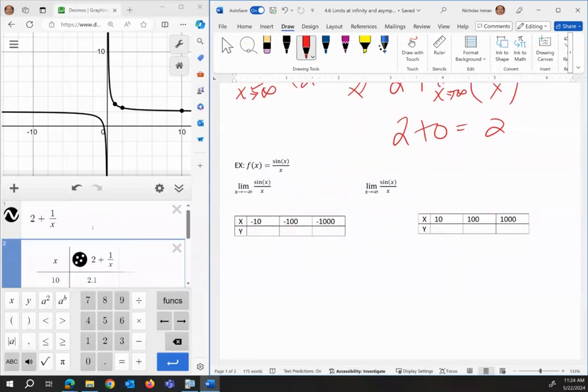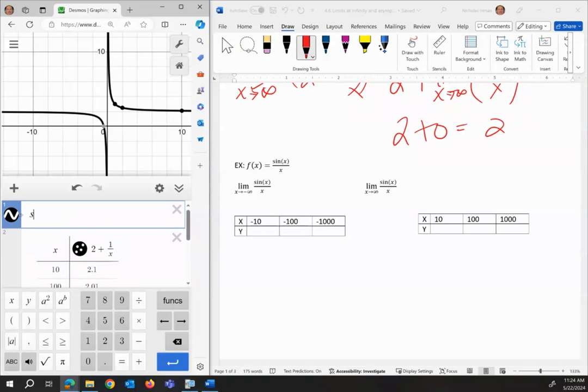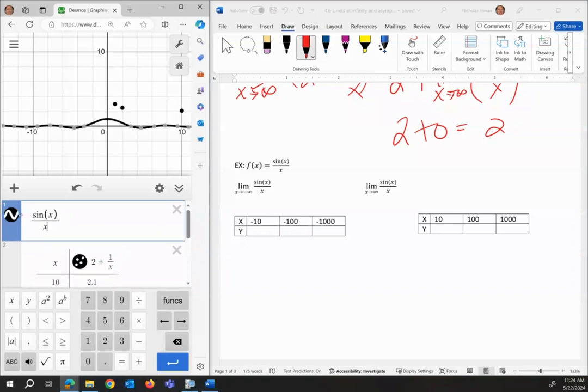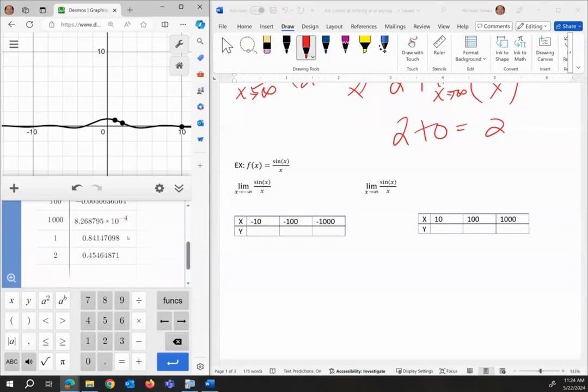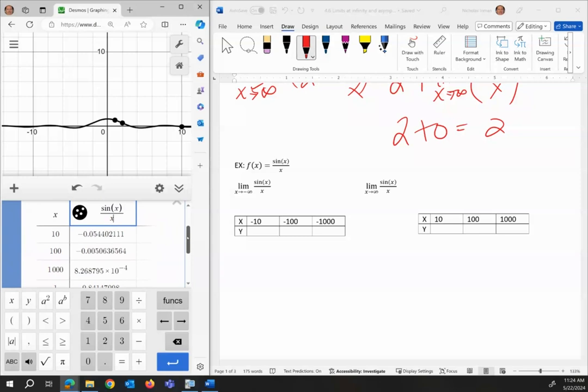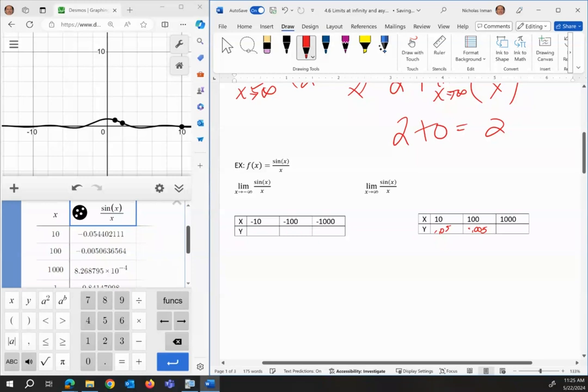If we do sine of x over x, when we are in the positives, on the right side, notice we get negative 0.05, negative 0.005, and then scientific notation, 10 to the negative fourth, means 0.0008.